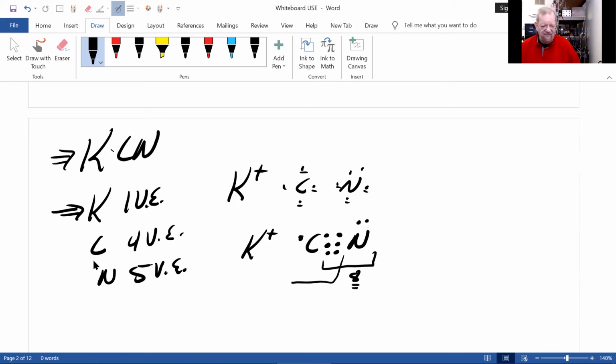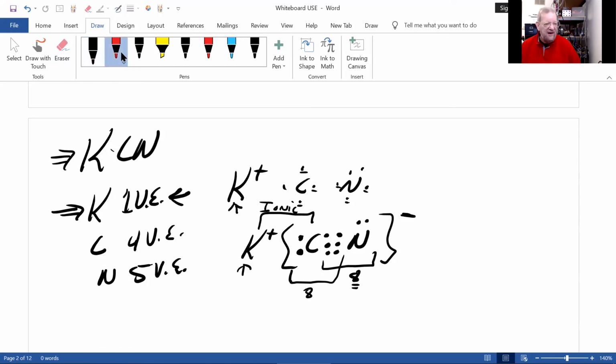But carbon, oh, it only has 7. But wait, what happens to the valence electron that potassium lost to form the potassium cation? It goes to the carbon. Now, this has an extra electron, so it has a negative charge, and this is the Lewis structure. And now carbon has its 8 valence electrons. And if we look at this, the bond between the potassium and the cyanide anion is an ionic bond.